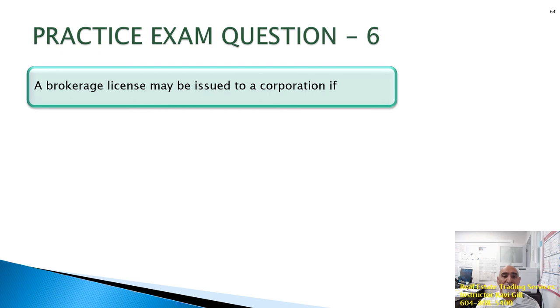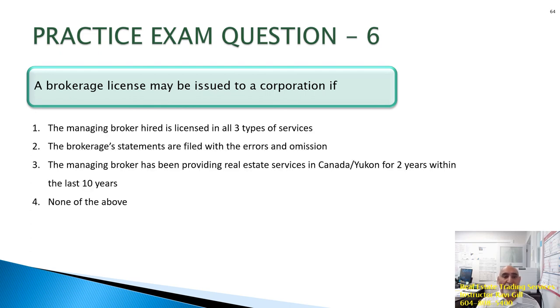A brokerage license may be issued to a corporation if the managing broker hired is licensed in all 3 types of services. The managing broker needs to be only licensed in one service, not all 3. The brokerage's statements are filed with the errors and omissions.